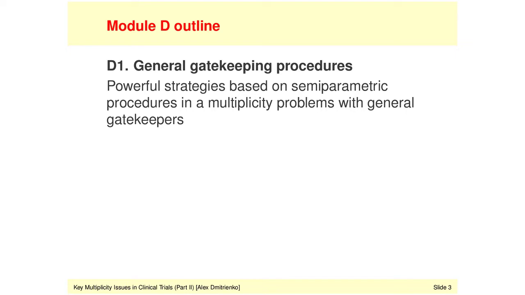If we impose this kind of gatekeeping restrictions on the families of interest, as we discussed, we can construct gatekeeping strategies based on non-parametric or chain-based or potentially more powerful semiparametric component procedures, such as the Hochberg procedure.